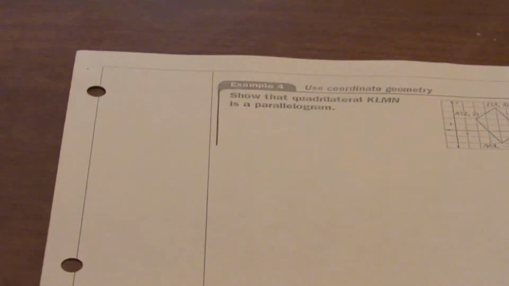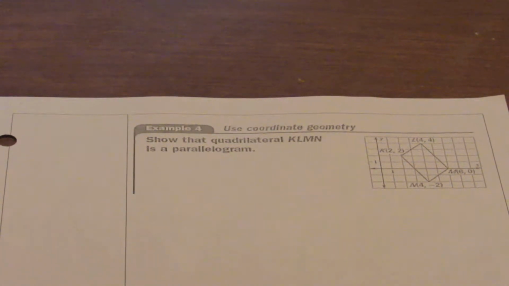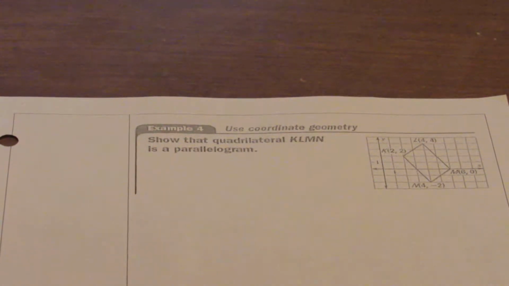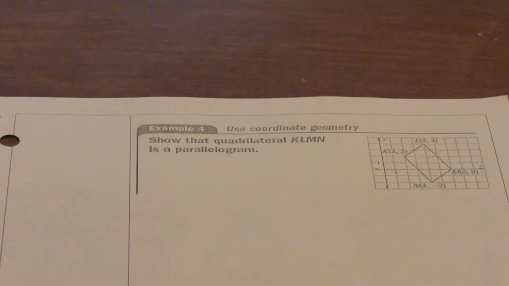Then if you turn the page, the last thing we want to look at is showing that a quadrilateral is a parallelogram. We can use any of our theorems to do this. Generally, what we probably want to do is show that both pairs of sides are parallel, unless they give me something easier.